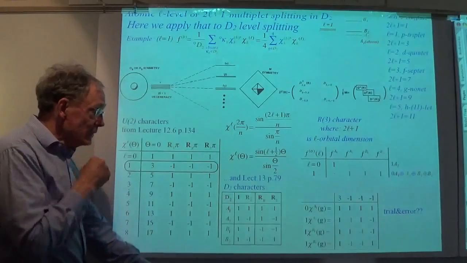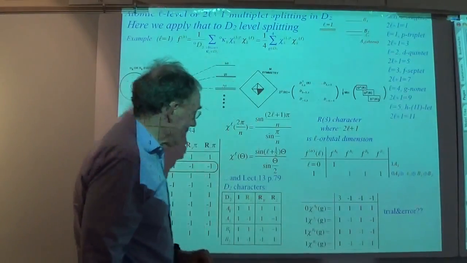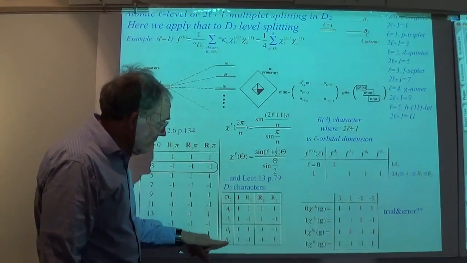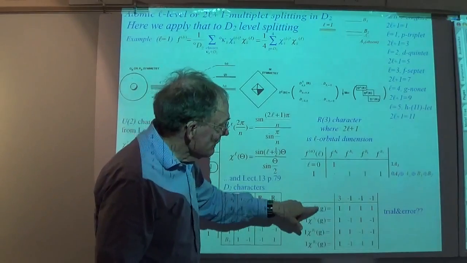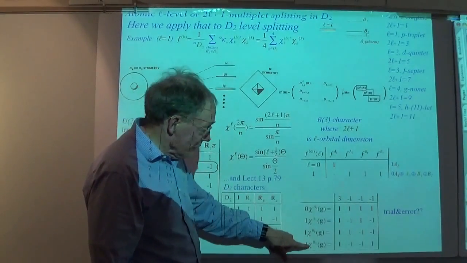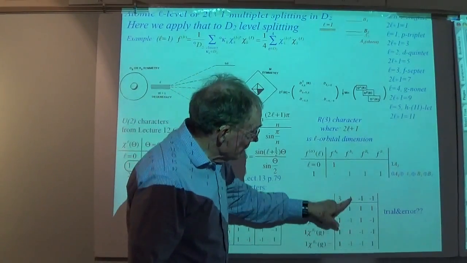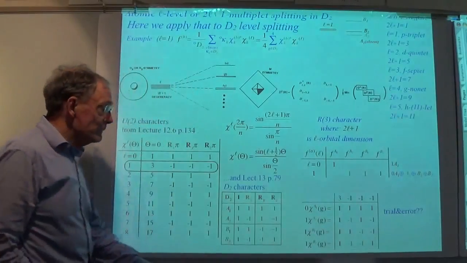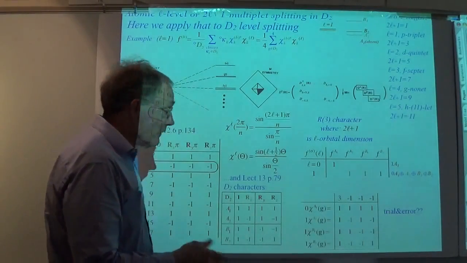Okay. Well, you can see by trial and error that if I leave this one out and take this one, and this one, that is, put a 0 on the A1 and don't have any of that, but just have 1 each of the others, that adds up to 3 minus 1 minus 1 minus 1. So it takes a few tries to get that. It's pretty easy to see that that's the answer.